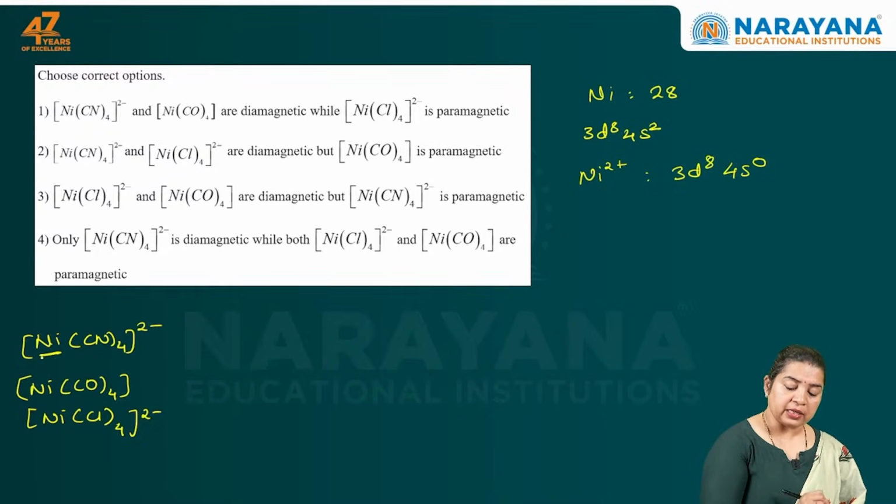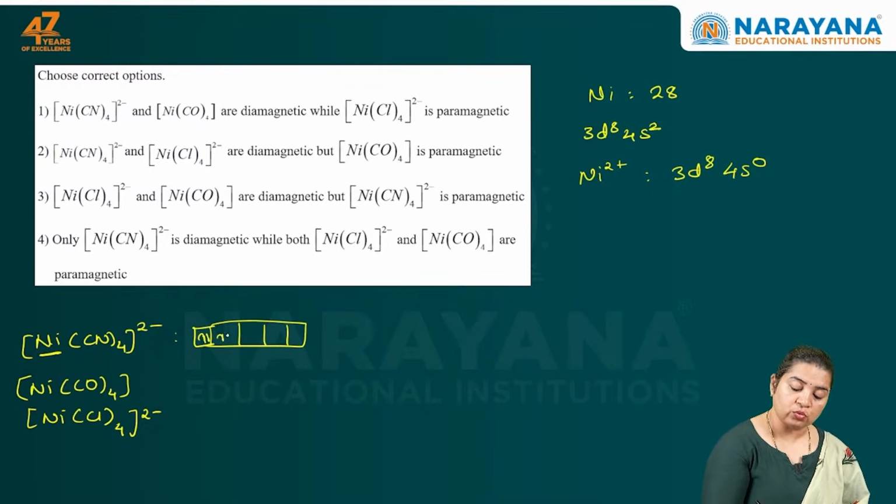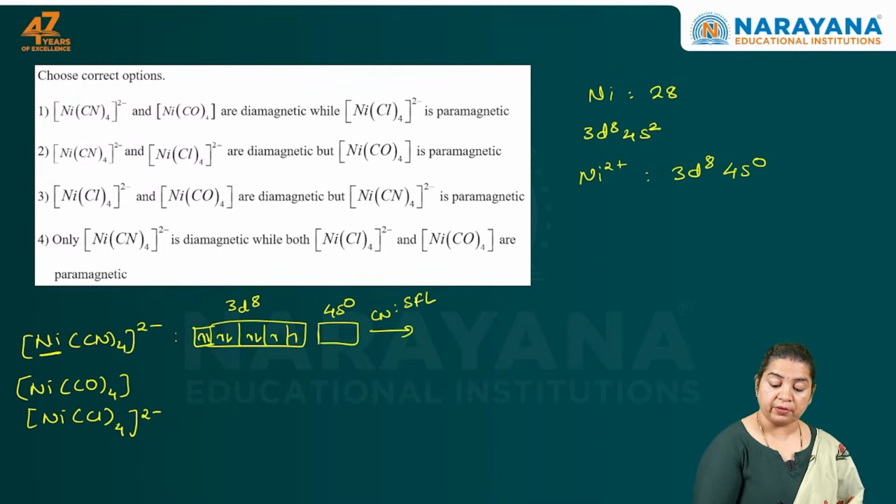Here nickel is in 2+, so it is 3d8, 4s0, and cyanide is a strong field ligand. 4 cyanides will come.